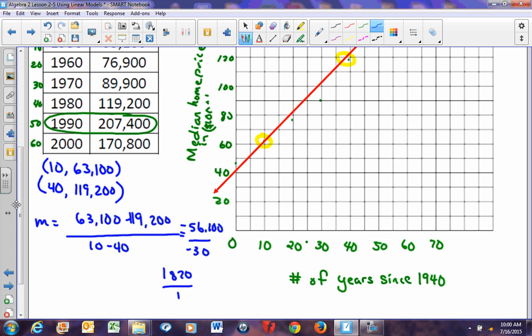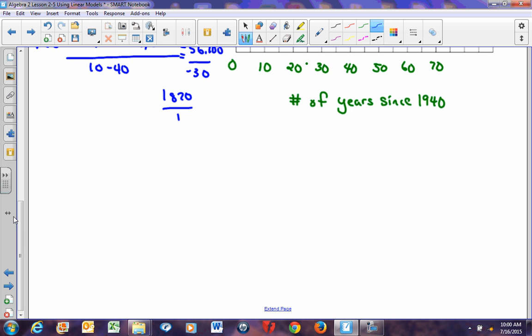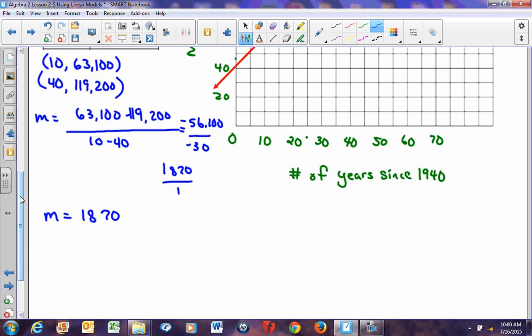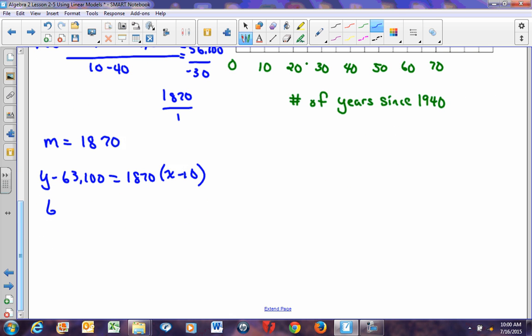So if I wanted to do the equation of this line, my slope is 1870. I'm going to pick a point. I like to choose the smaller points because it's easier. So I'm going to say y minus 63,100 equals 1870, parentheses x minus 10. If I was to finish this, y minus 63,100 equals 1870x minus 18,700.